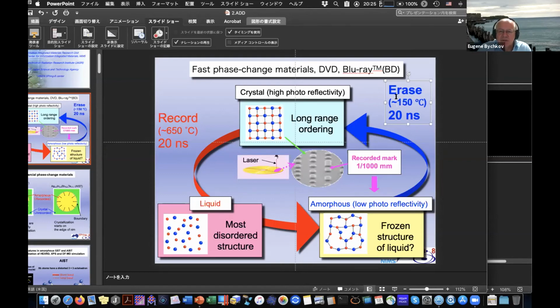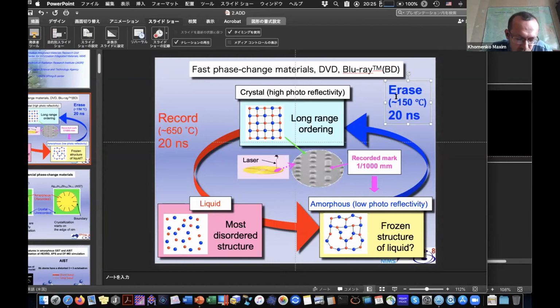Any more questions? I have one question to Dr. Kohara. Do you hear me? Could you please comment on the persistence diagram? Persistent homology, you mean? No, the persistence diagram that Dr. Kohara was talking about.